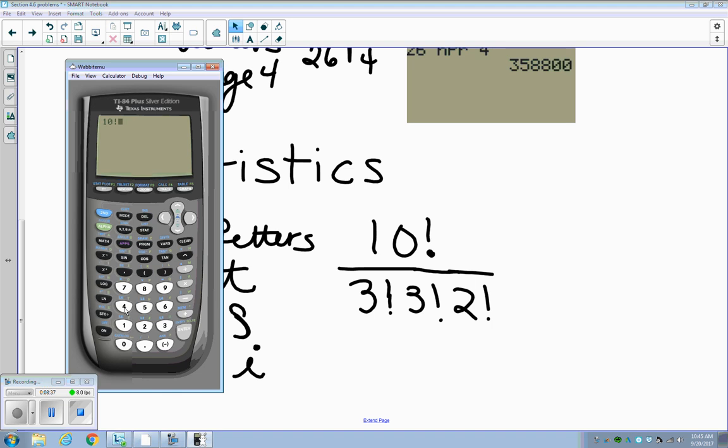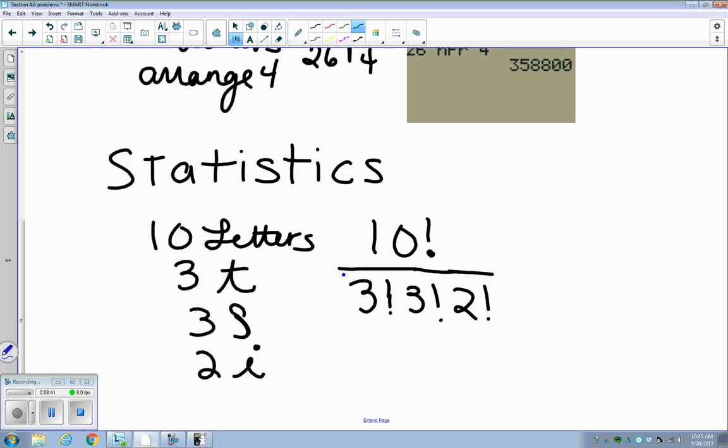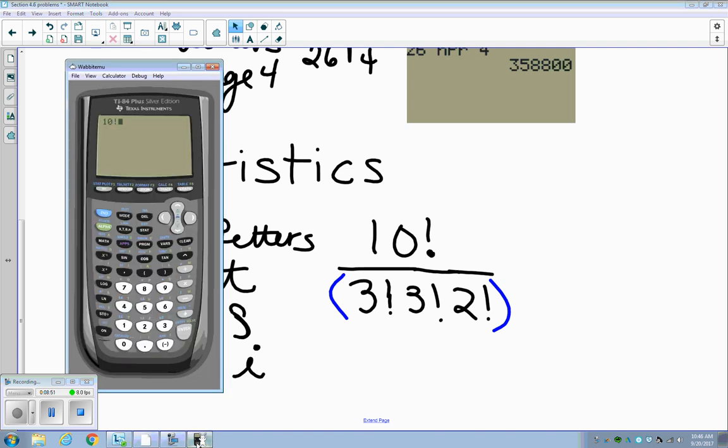Order of operations. So we have to tell the calculator. So we're going to put a parenthesis on our denominator. So it tells the calculator the order of operations.